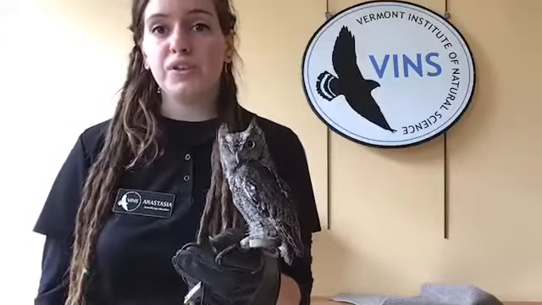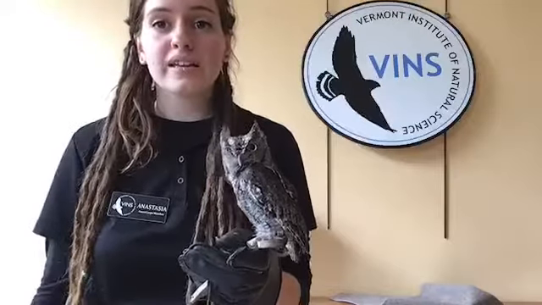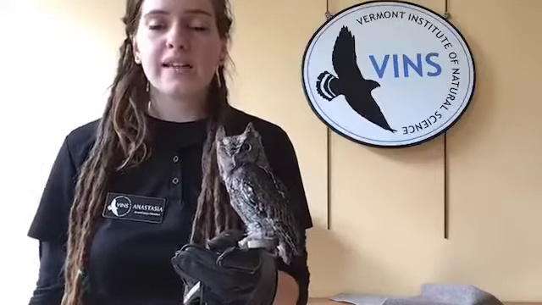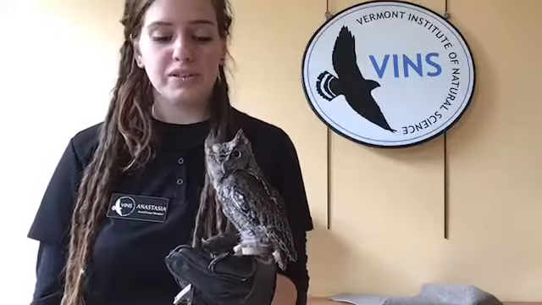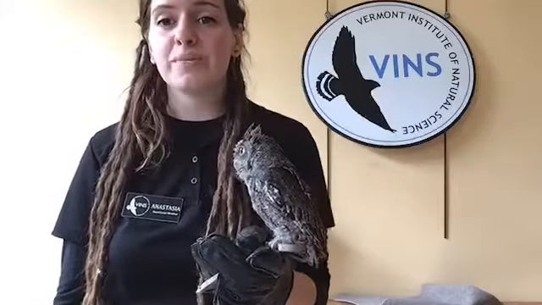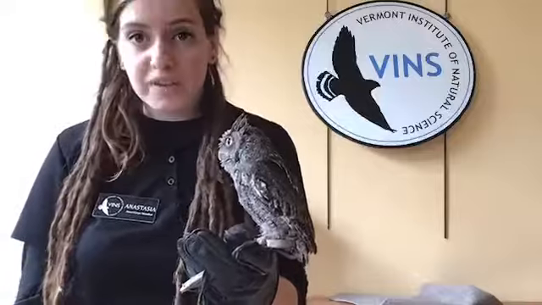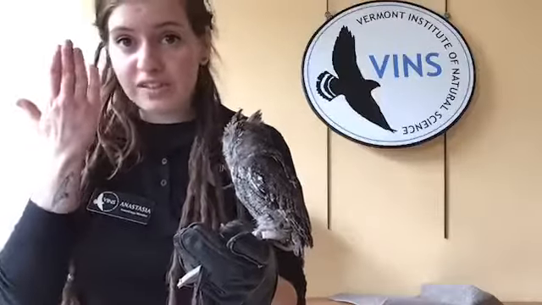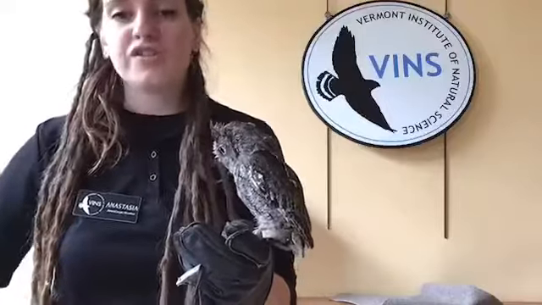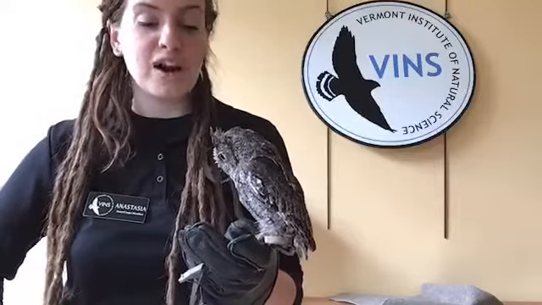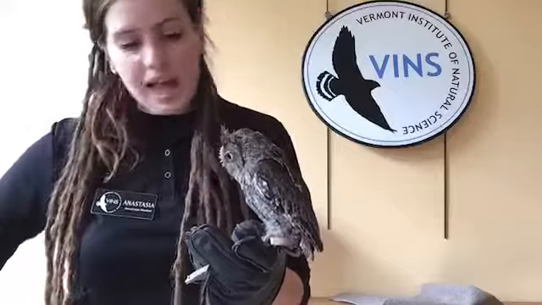So they can see well enough to navigate their surroundings and avoid running into things, but they're also really relying on hearing to be able to do that. They can actually triangulate sounds, so they'll hear something and know where it's coming from just by moving their face around, moving their facial disc around to collect that sound and get an accurate reading of where that prey might be.